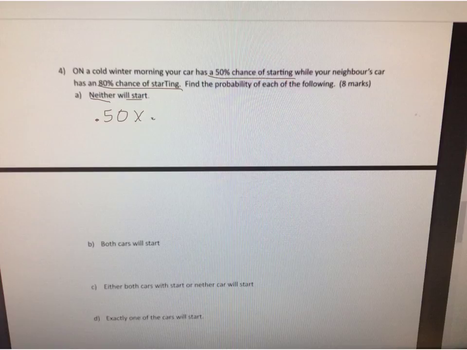So won't start for the second car looks like this, doesn't it? Because it's the opposite of the 80% chance of starting. It's a 20% chance of not starting. And so that gives us 0.10 for the probability of neither car starting.